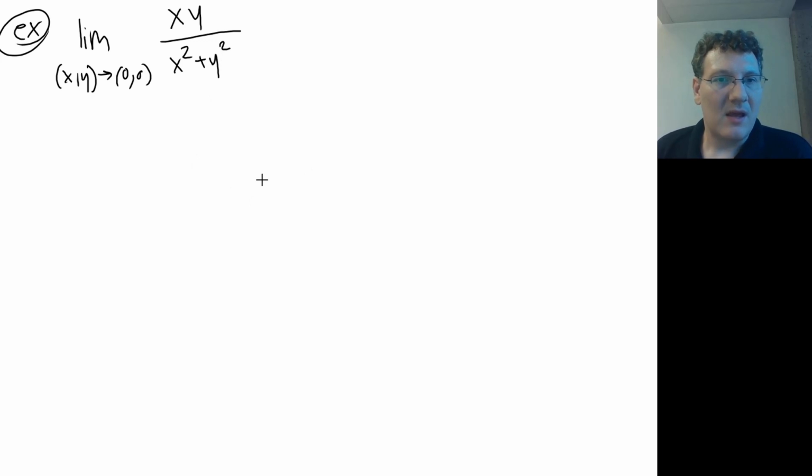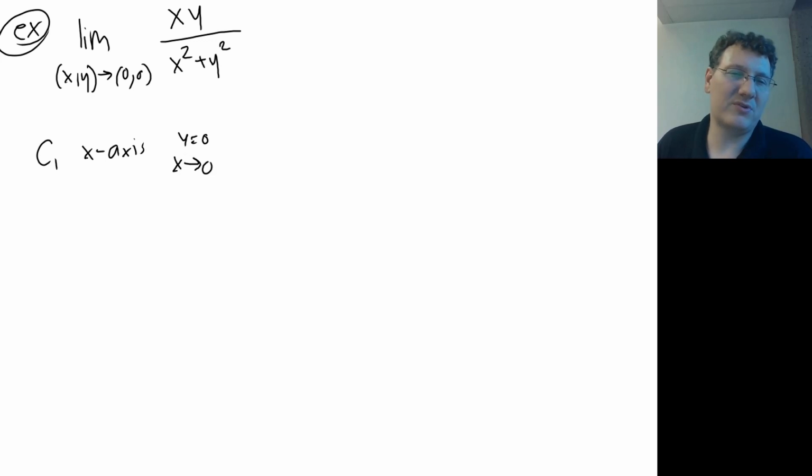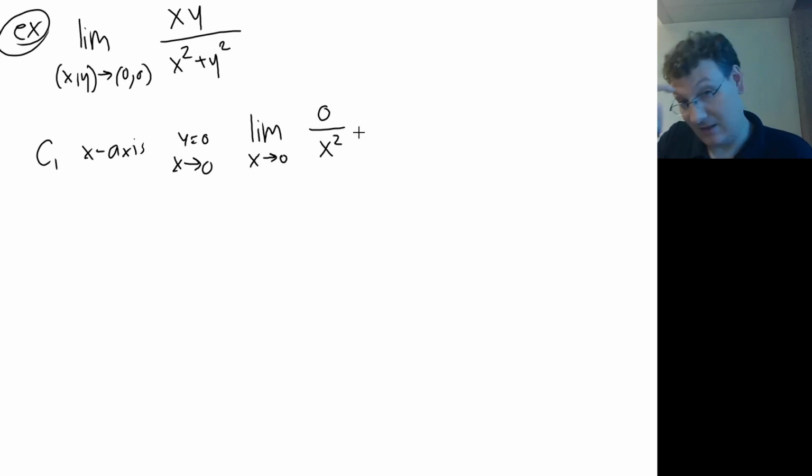So let's take a couple other examples. Let's look at this one. With the limit here, let's take the first path to be the x-axis. So let's say y equals 0 and x approaches 0. In this case, this is the limit as x goes to 0 of 0 over x squared, and this function is going to be 0 everywhere except when x equals 0.